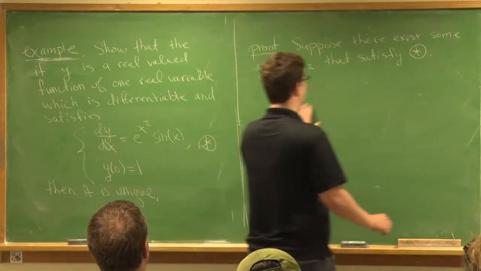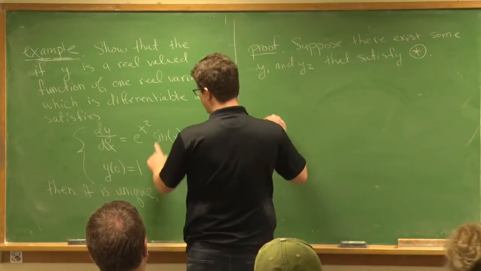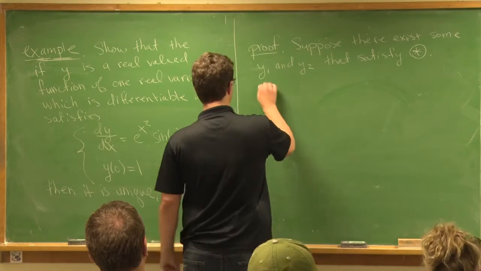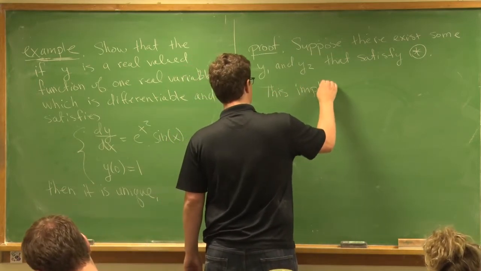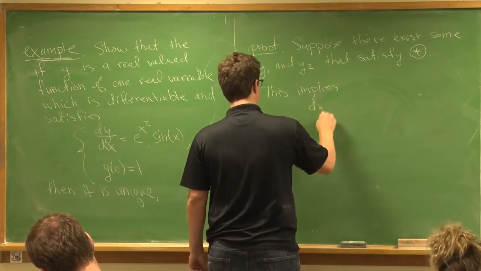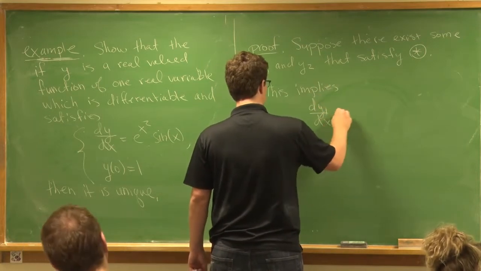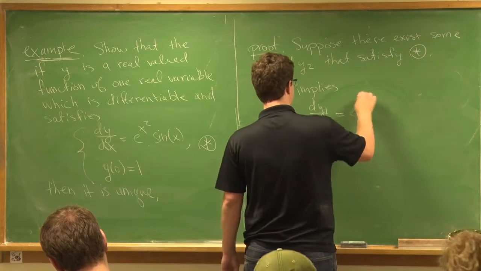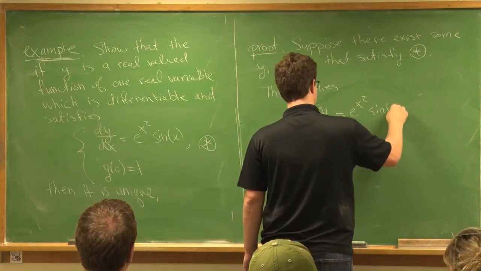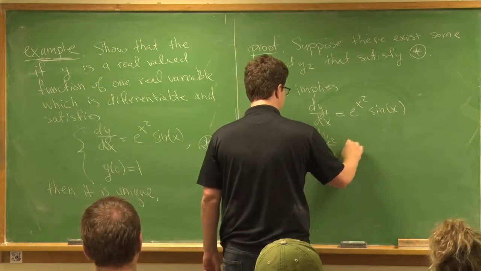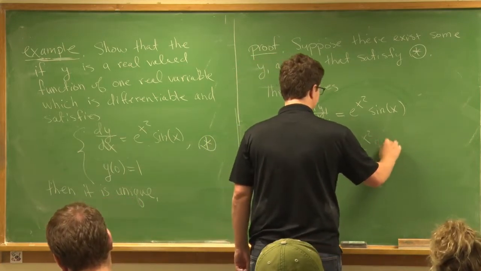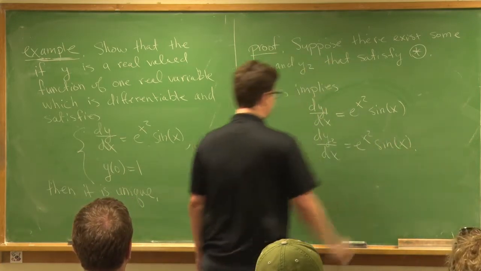Okay? So note that there are two conditions here. This implies that dy1/dx is equal to e to the x squared sine of x, and dy2/dx is equal to e to the x squared sine of x. Okay?